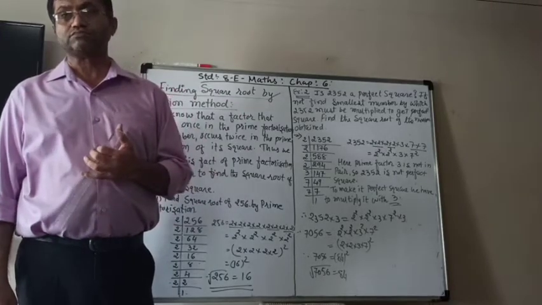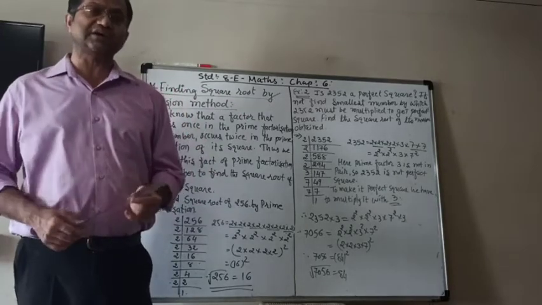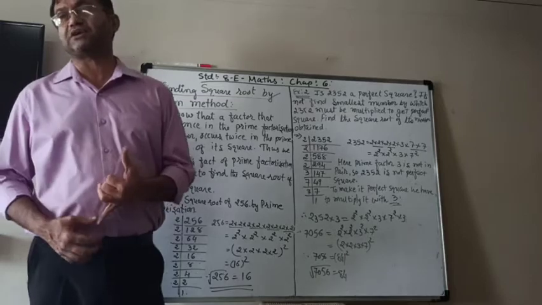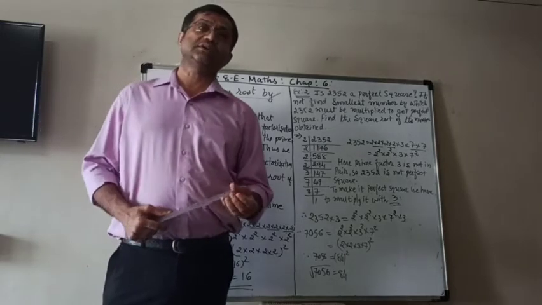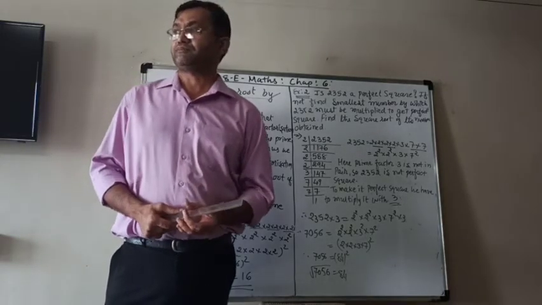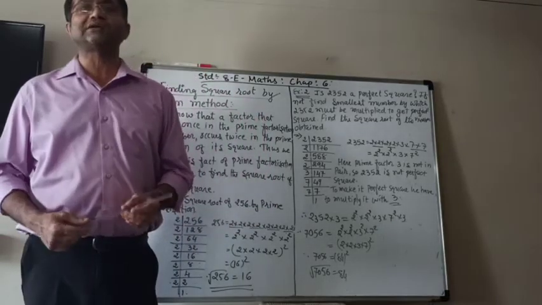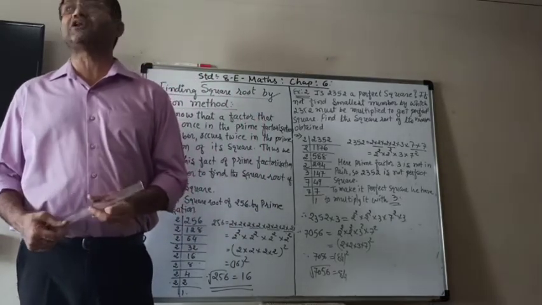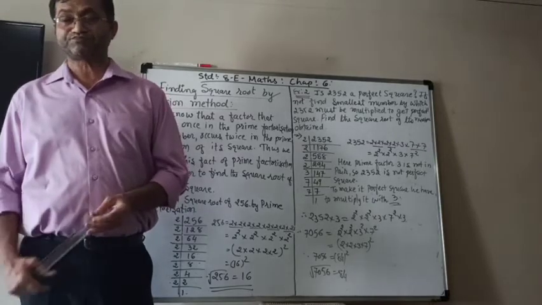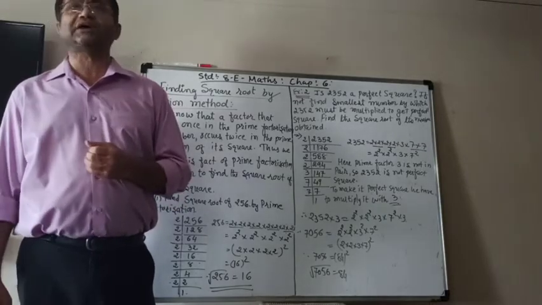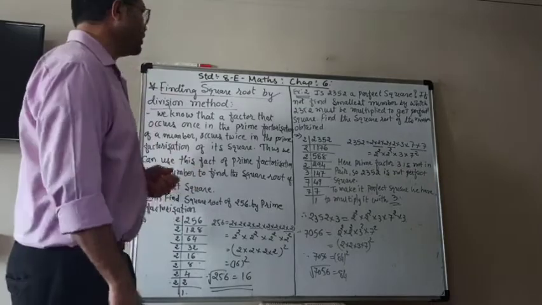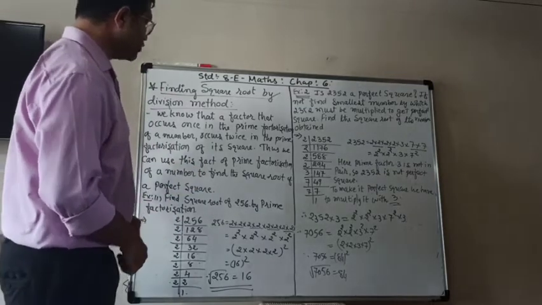But for this standard, we take only the positive square root. It means only 7 we will take as the square root of 49, not minus 7. And we also learned the symbol of the square root.